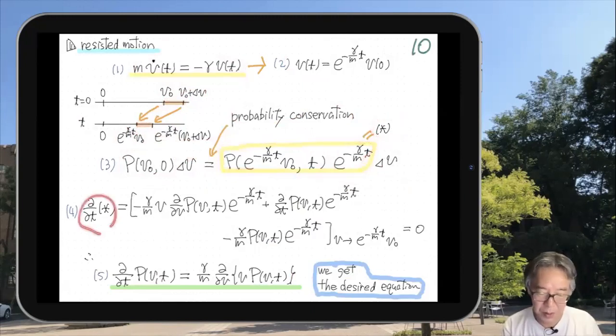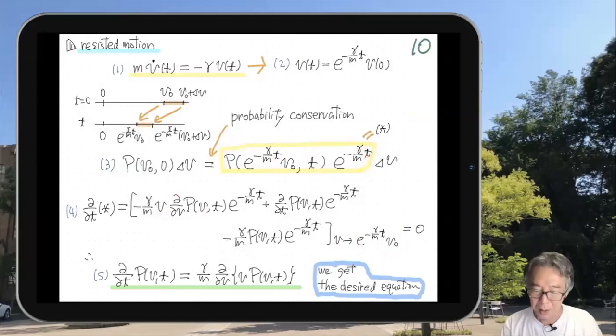So I will differentiate this with t, and you have to be careful. There is t here, here, here. First of all, if I differentiate with this t, what you get is this. I will plug this into v after everything, and I differentiate here. As for this one, you get this. And if we differentiate this t, you get this.